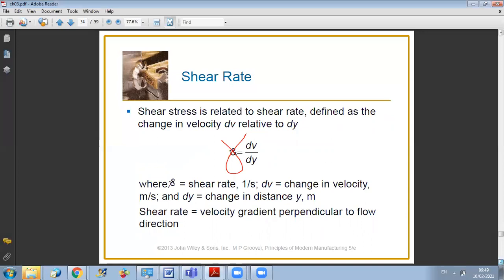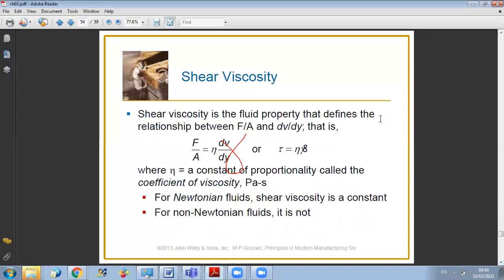Now we will see that the viscosity is included as it relates the shear stress to the shear rate. We have observed experimentally that the relationship between the shear stress and the shear rate depends on the viscosity of the material.